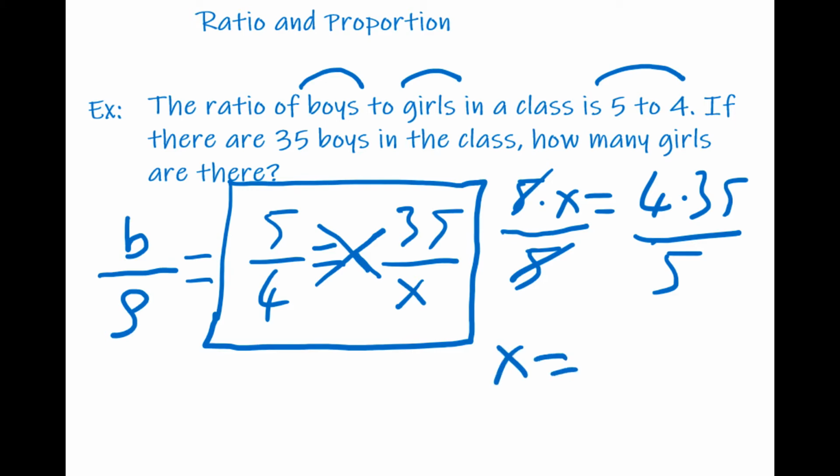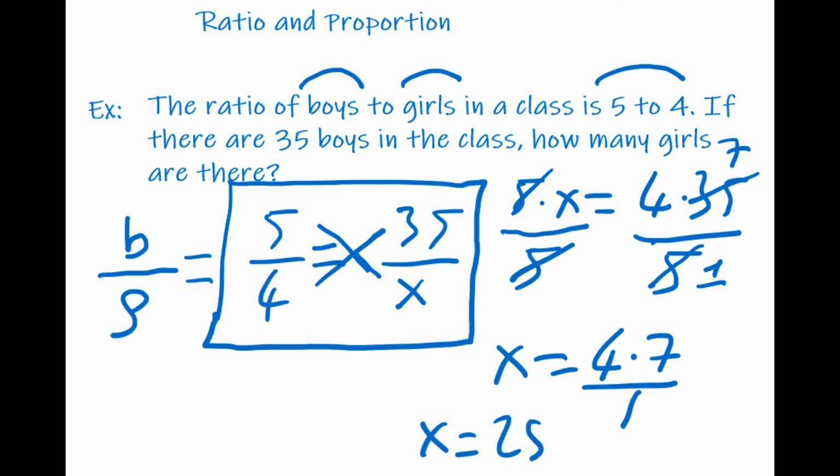So x is, if you divide 35 by 5, then we're going to have 7 here. And if you divide 5 by 5, we're going to have 1 here. So we're going to have 4 times 7 divided by 1, which is 28, guys, of course. So x is 28. And this is one way, actually.